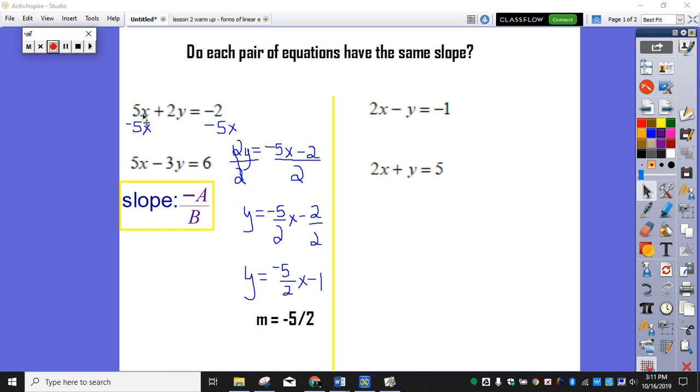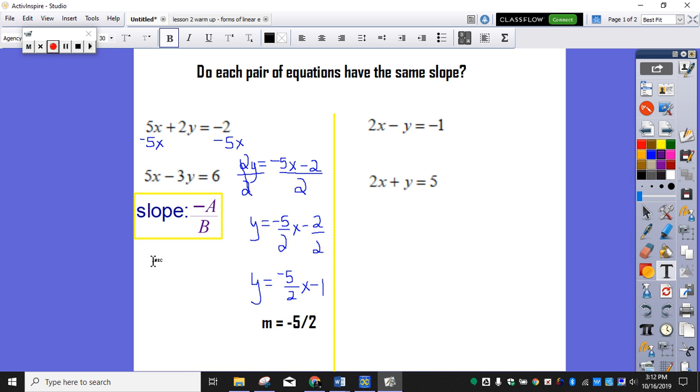If you look at what we did up here when we solved for y, the result, my slope, was the opposite of the a, which was 5, divided by b, which was 2. And so the shortcut, if you can remember it, is taking your a value, the coefficient of your x term, which in this case would be 5, and making it the opposite sign, or multiplying it by negative 1.